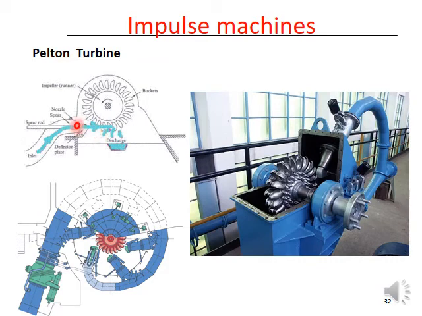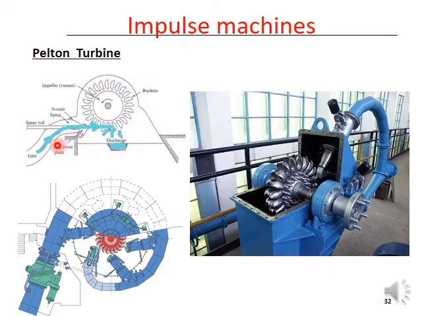So by changing the opening of the nozzle, you can control the discharge through the nozzle, thereby you can control the power output from the turbine. And the jet impinges on these buckets and falls down, and this is under atmospheric pressure.